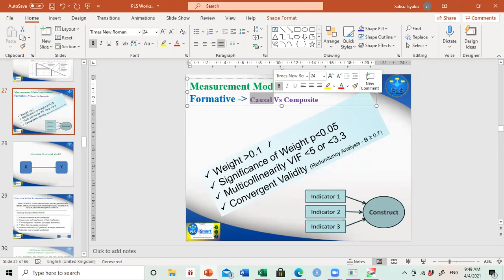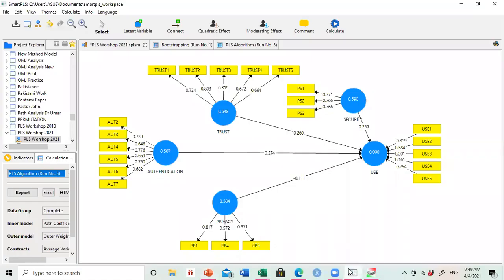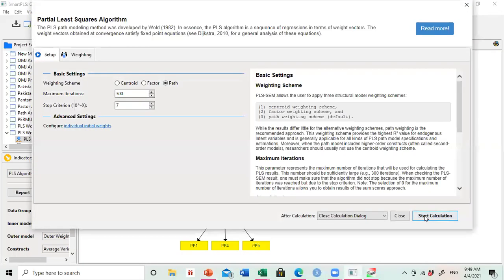Okay, so in this case, we run what is called a multicollinearity test. That is, we want to check the VIF. And you don't need to go back to SPSS to check for VIF. You just go down, you run the PLS algorithm. This is calculate PLS algorithm, then you start.